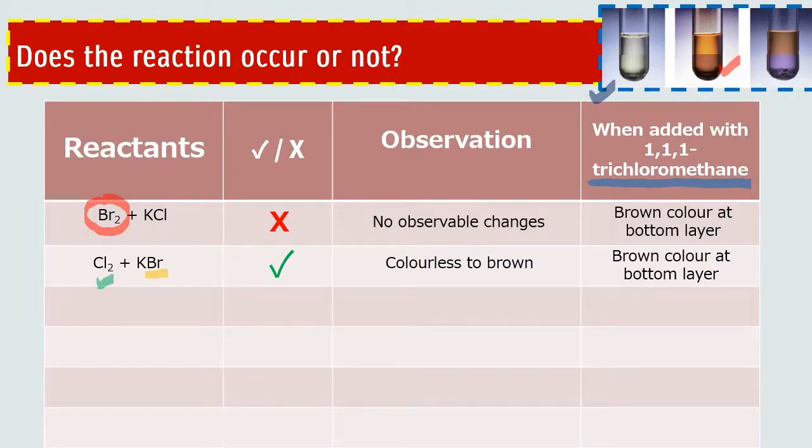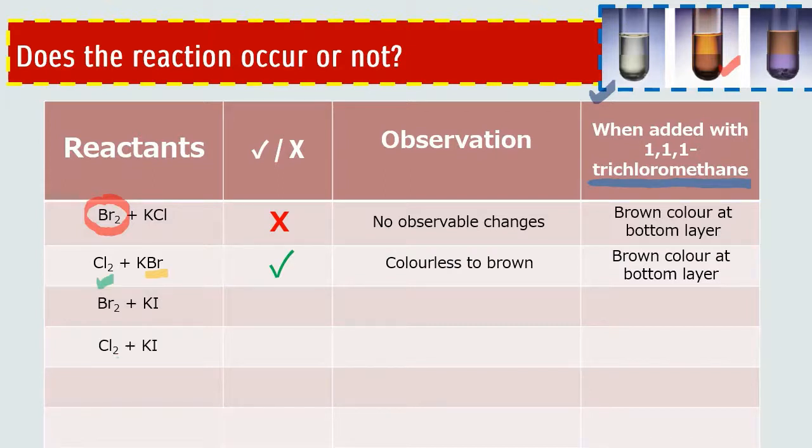Okay, students, now I need all of you to answer and fill in this table in order to enhance your understanding of this subtopic. The reactants are bromine water and potassium iodide.